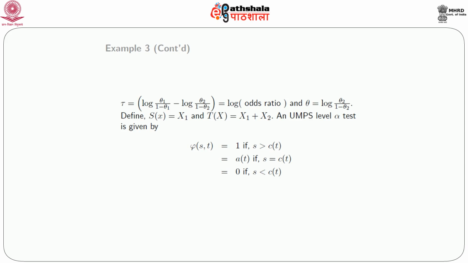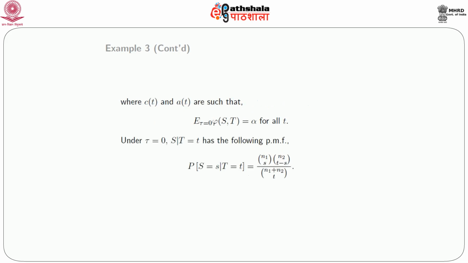The UMP test of level alpha is given by psi(s, t) equal to 1 if s is greater than some c(t), equal to gamma(t) if s is equal to c(t), and equal to 0 if s is less than c(t), where c(t) and gamma(t) are such that the expectation of psi under tau equal to 0 is equal to alpha for all t.